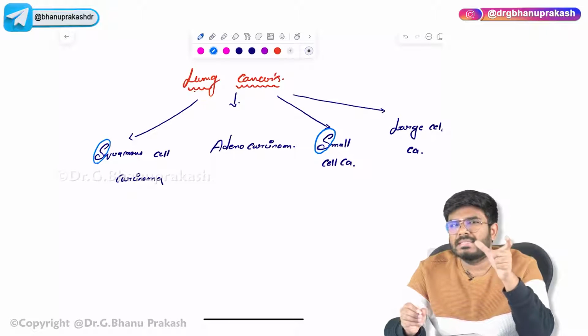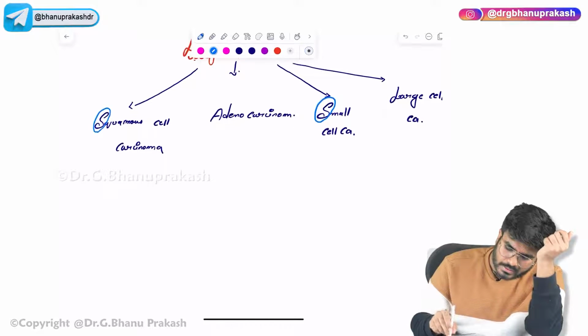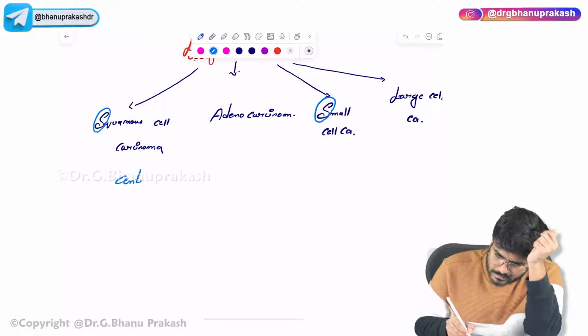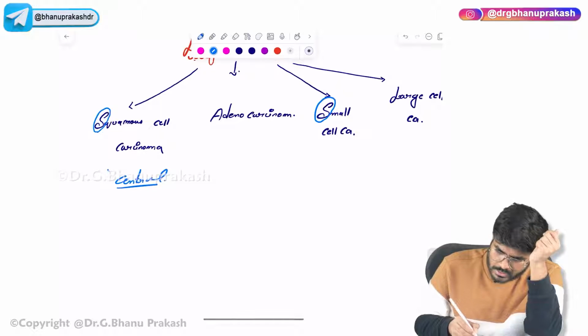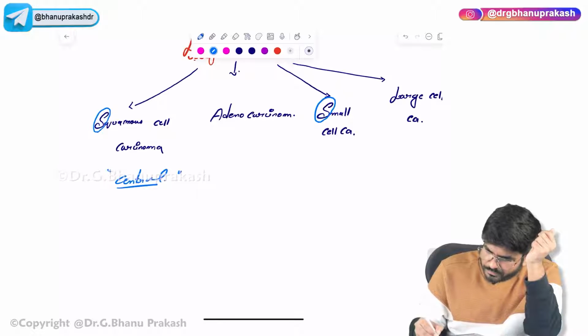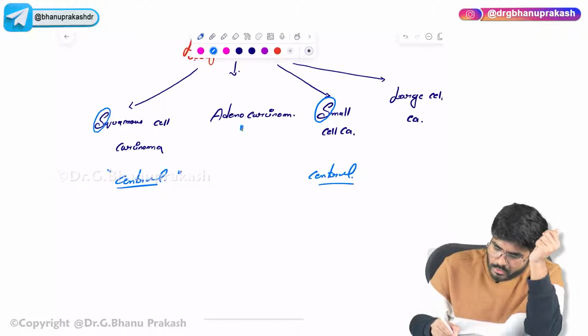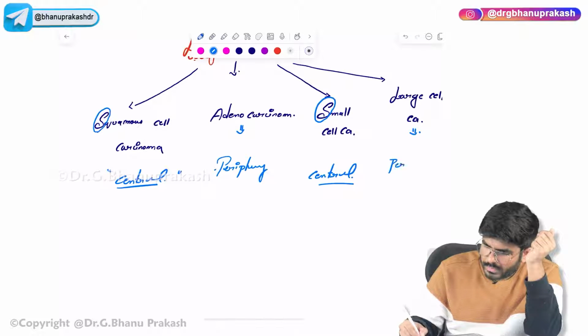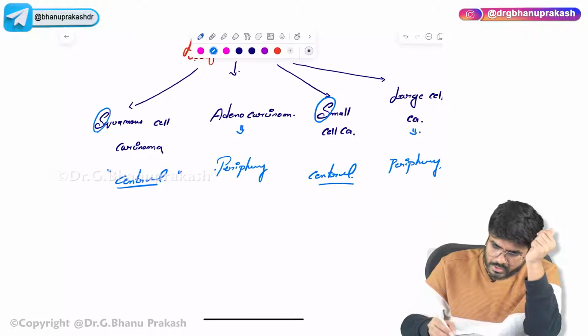So squamous cell carcinoma is going to occur centrally in the lung. Small cell also is centrally located. Adenocarcinoma and large cell carcinoma are going to occur in the periphery. So they are going to occur in the peripheral location.